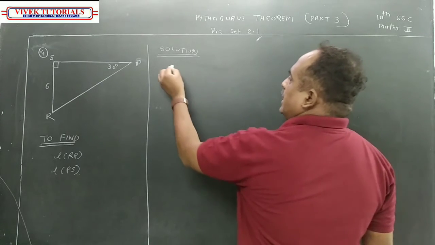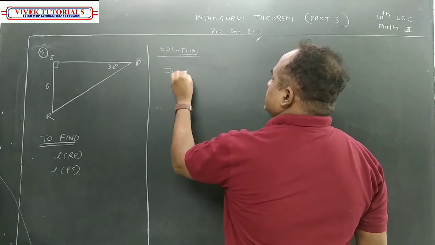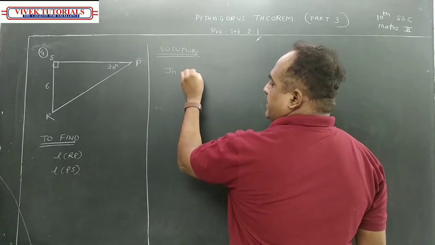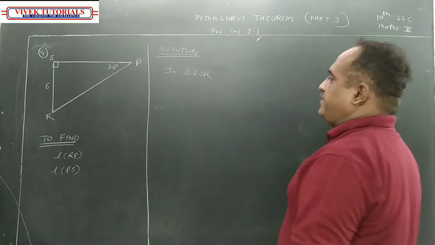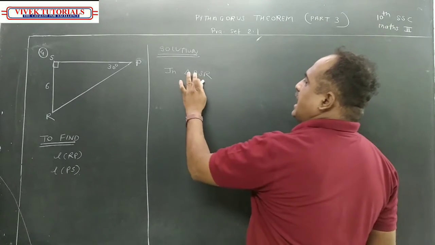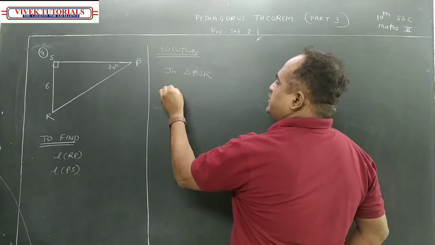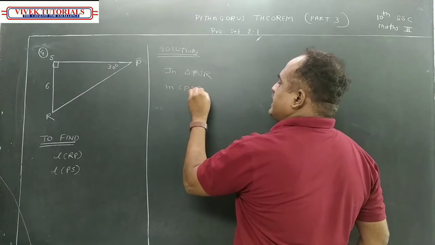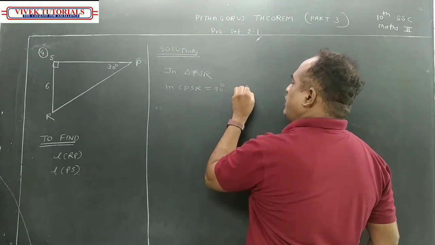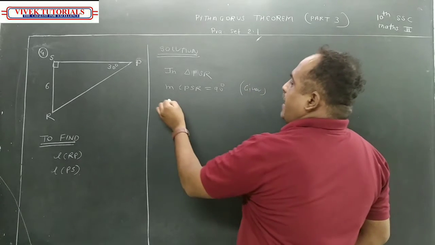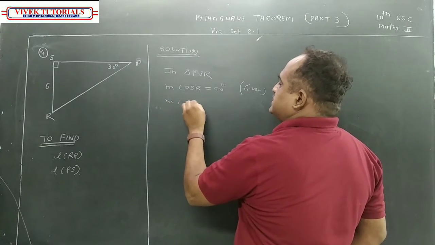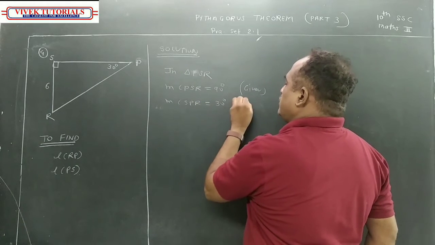Okay. So in triangle PSR, measure of angle PSR is equal to 90 as given in the figure. Measure of angle SPR is equal to 30 degree.